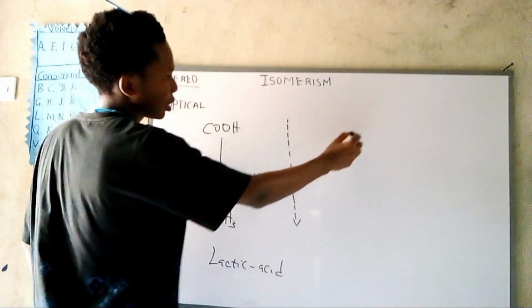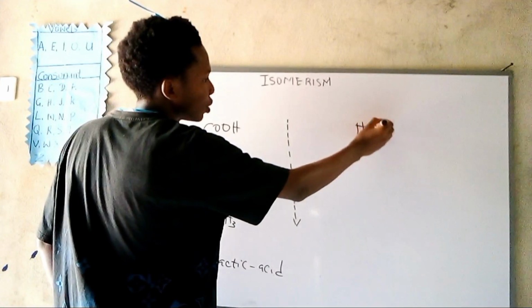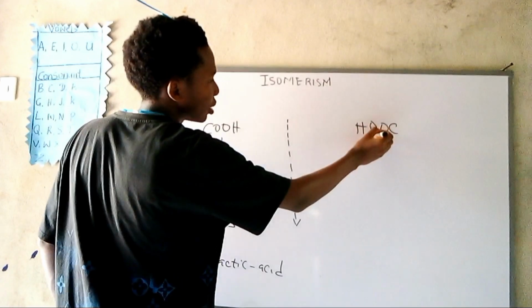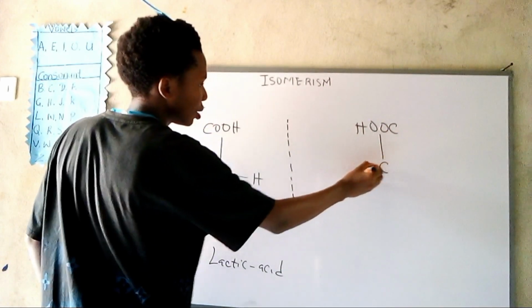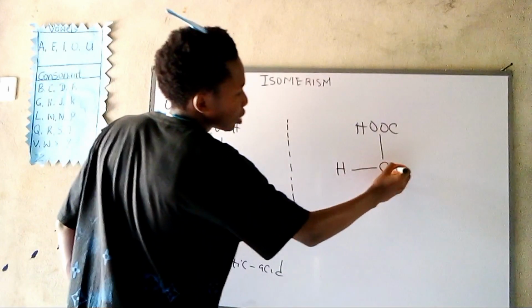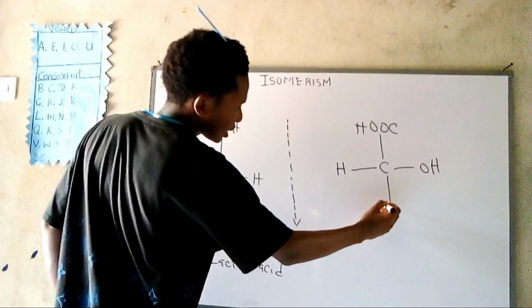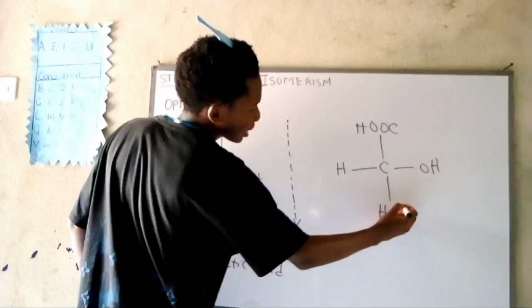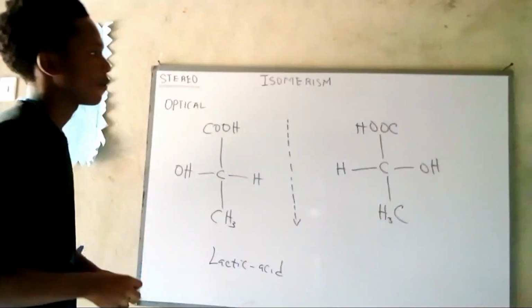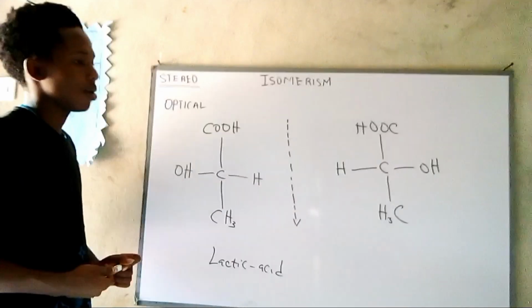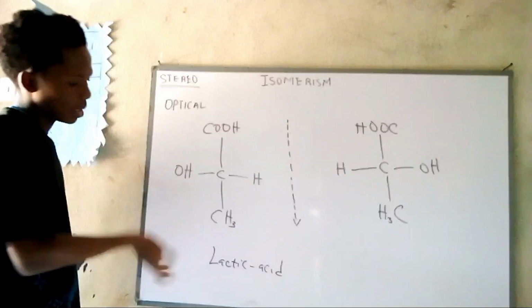So we have to write this guy like this. Note these examples I'm giving you. Lactic acid is one of the examples of optically active organic compound. Lactic acid and amino acid.